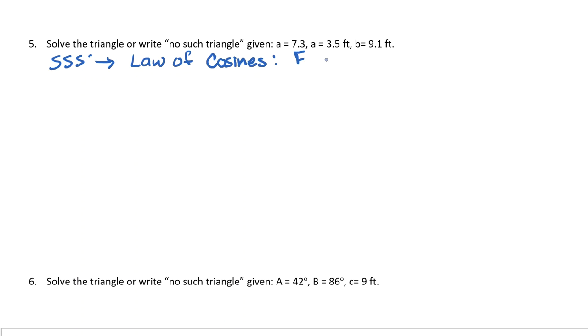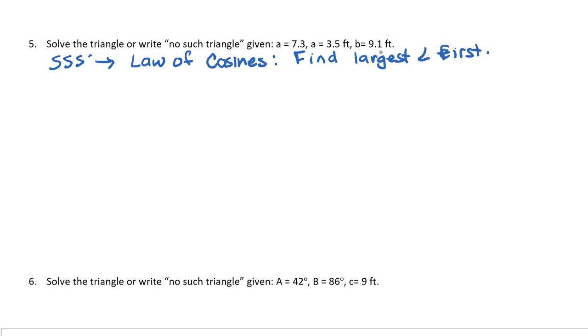For law of cosines, when you have a choice, you should find the largest angle first. And the reason for that is because you can have an angle that has a negative cosine. If it is an obtuse angle more than 90 degrees, think of the unit circle. When an angle is more than 90 degrees, then its cosine will be negative.